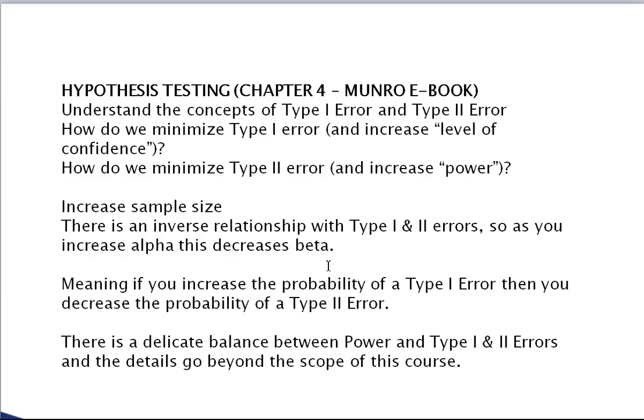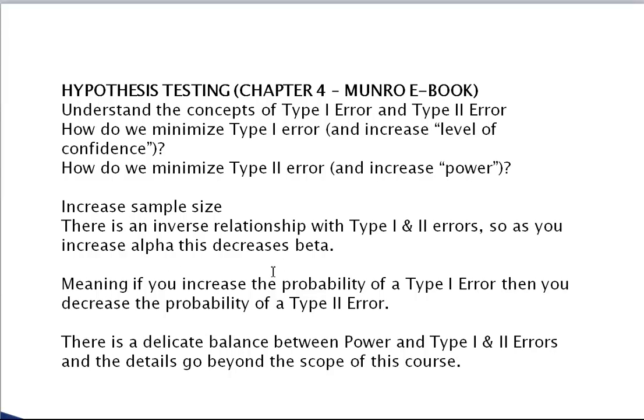There is an inverse relationship between type 1 and type 2 errors. As alpha increases, the beta decreases. So there's a balance between them. You don't want to increase one so much and decrease the other that you end up with a type 1 error.